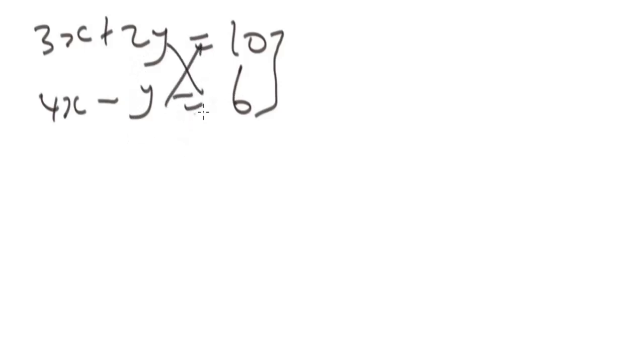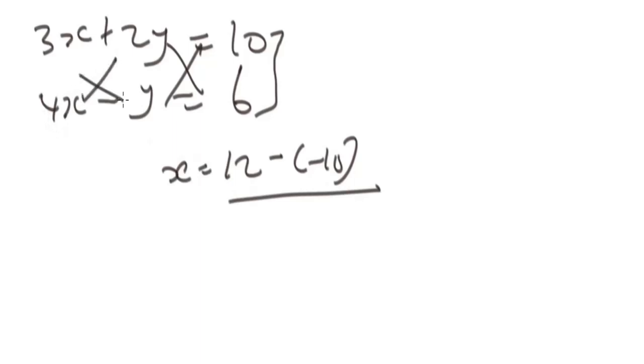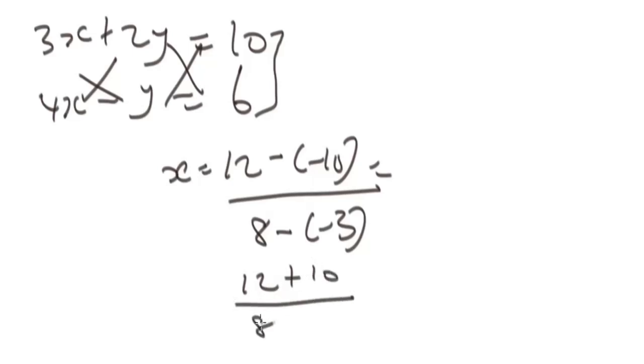So x will be 6 times 2 will give us 12, minus 1 times 10 will give us minus 10, over. Cross multiply: 4 times 2 will give us 8, minus 1 times 3 will give us minus 3. So when you simplify, you're going to have 12 plus 10 over 8 plus 3, which will give us 22 over 11.